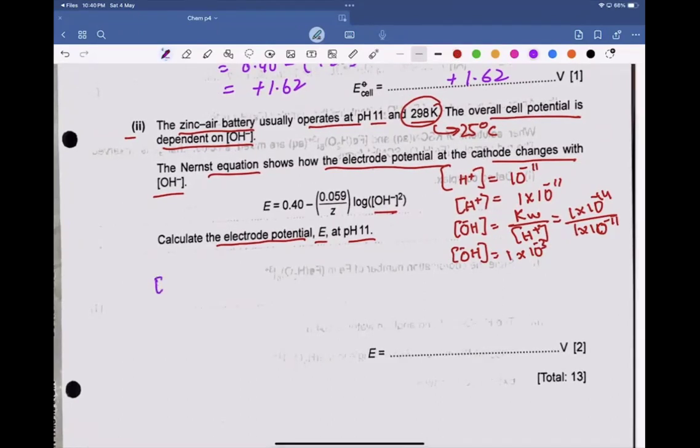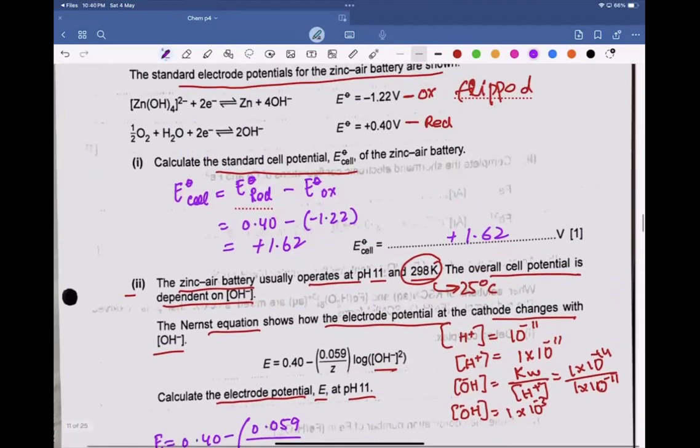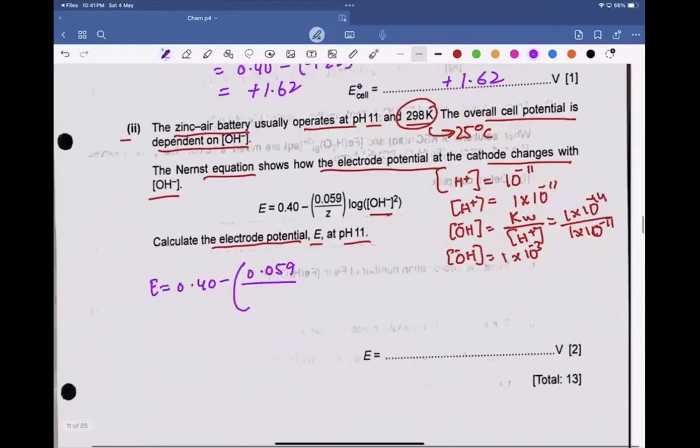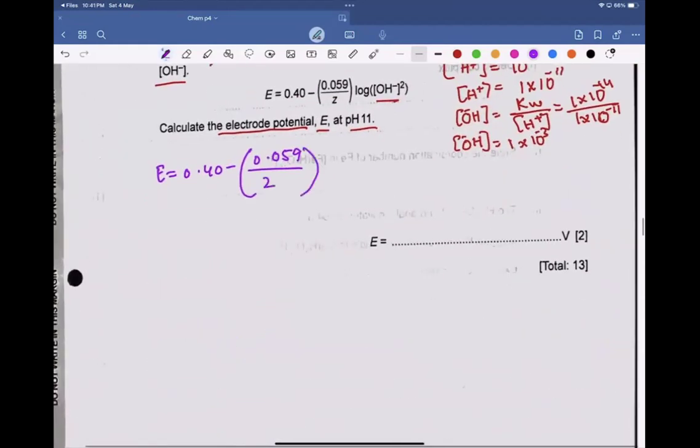Now we will put the value over here. E is equal to 0.40 minus 0.059 over Z. Z is the number of electrons in the half equation. So here we have the number of electrons 2. So I'm going to put 2 over here. Log 1 exponent minus 3 squared.